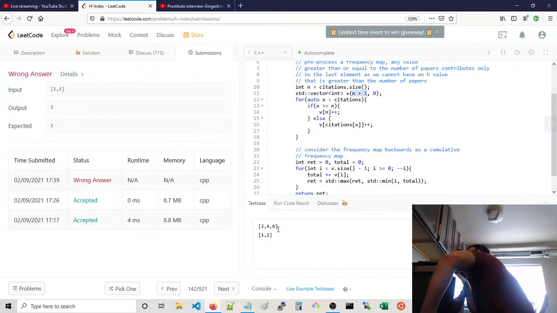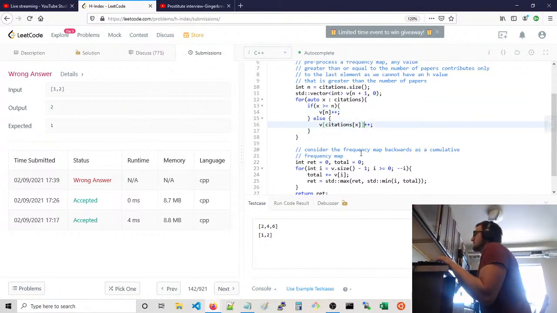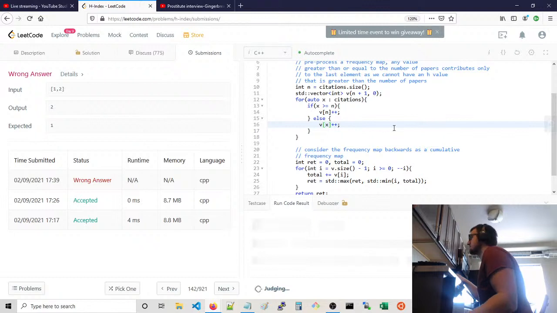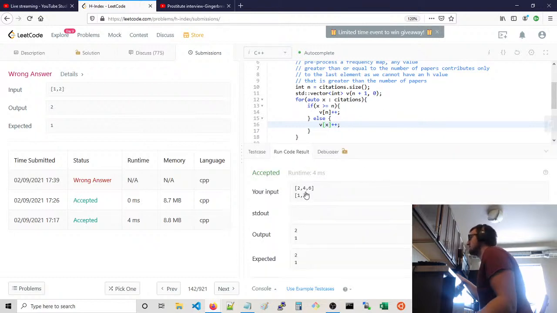So we can have index 3, so 0, 1, 2, and 3. And then we say if x is greater than or equal to n, which is 3, and then we do v of n, which should exist. Otherwise, oh, that's okay, of course. My mistake. My mistake. Okay, yeah, that's why.